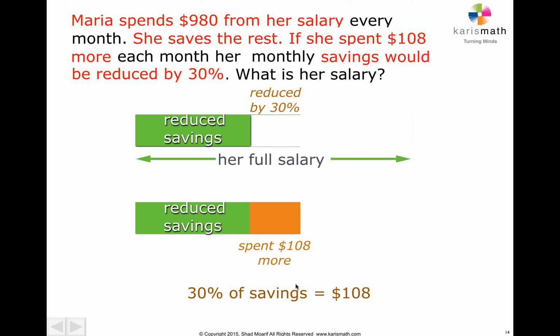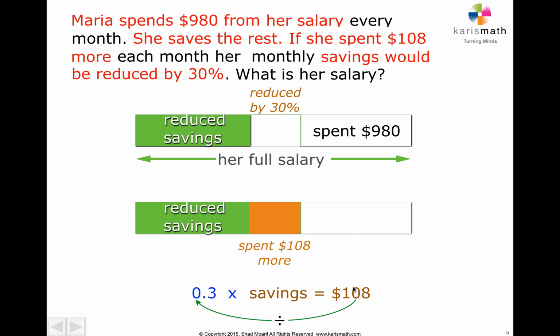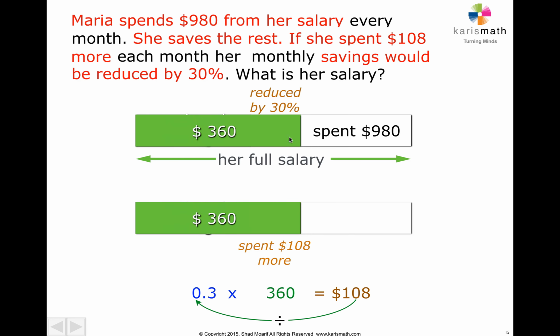Now, if we know that, we've got a nice equation right there. 30% of her savings, which means 30% of something we don't know, equals 108. So to find the answer, divide 108 by 0.3, and we'll get her savings. Her original savings must have been $360. So we can show her original savings to be $360.